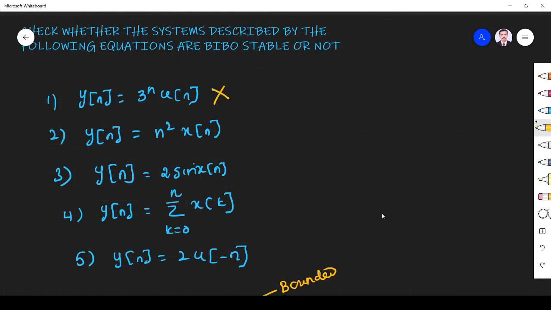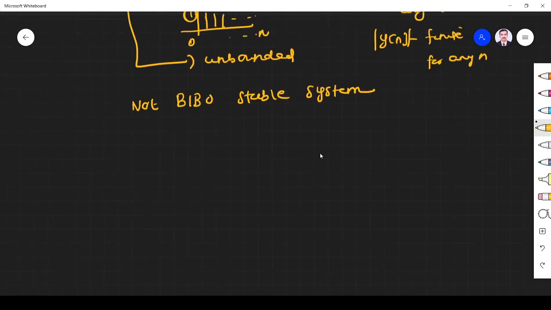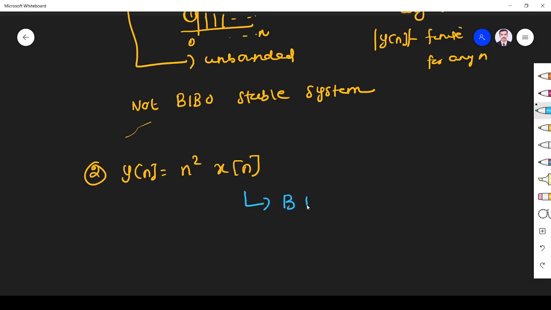Next, the second problem is y of n is equal to n square into x of n, right? Anyway, we are going to give a bounded input only, so the input is always bounded, no problem. But when n tends to infinity, this will become infinity.